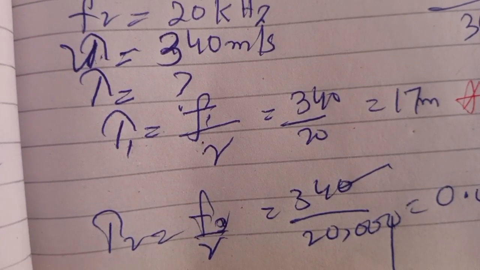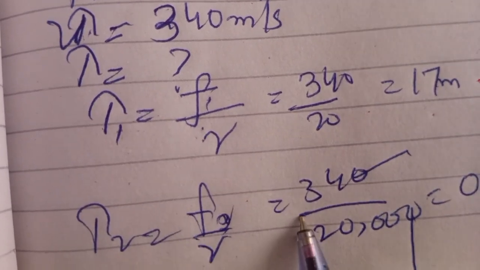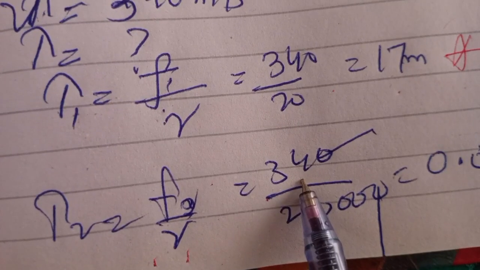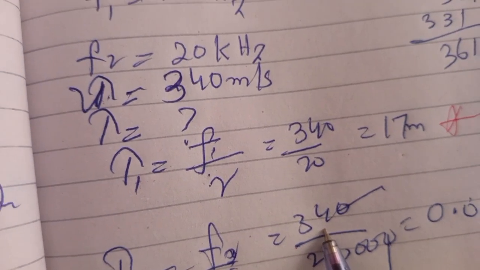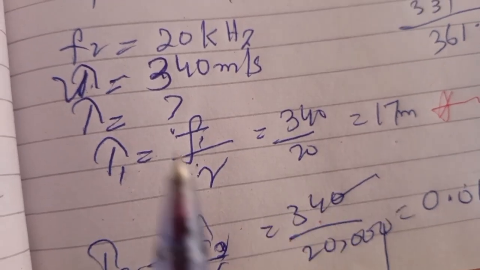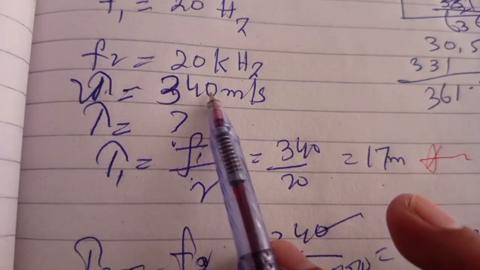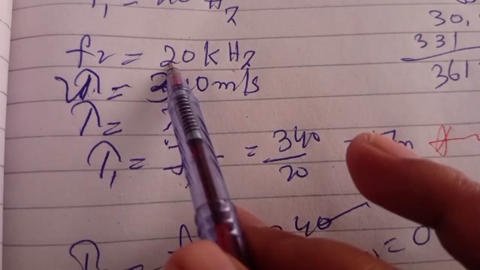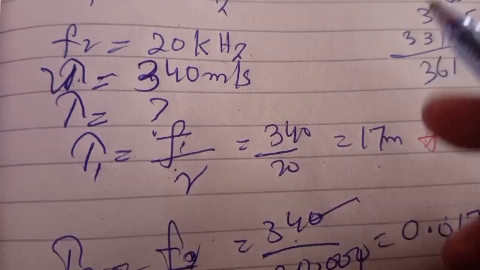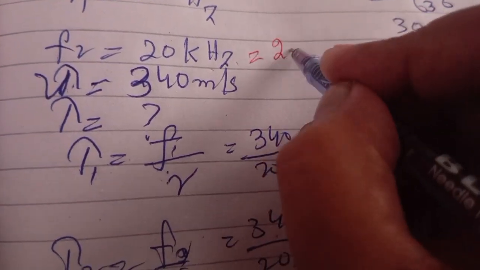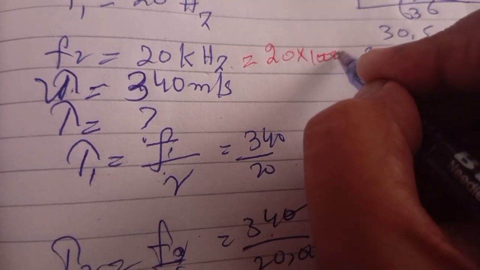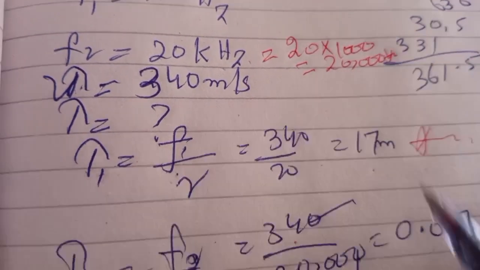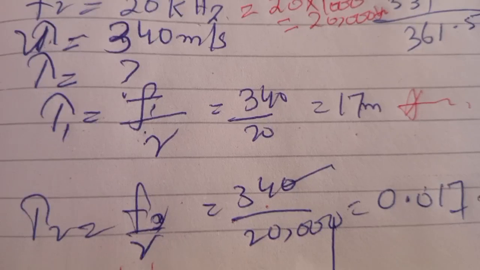In the second one, lambda 2 equals v upon frequency 2. The frequency given to you is 20 kHz, where k means kilo. So you will multiply 20 by 1000 to remove the kilo, and then 20,000 hertz is the frequency.